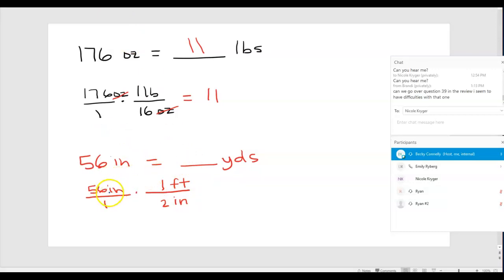And 36, so 56 over 6, right? If you're just multiplying across the top and across the bottom.